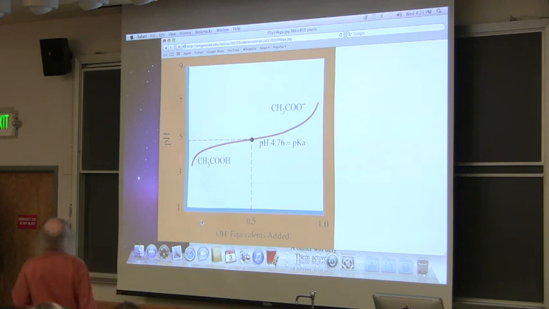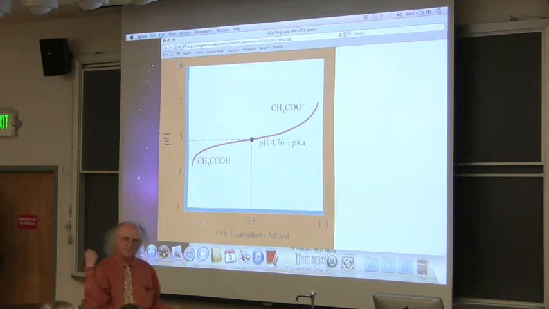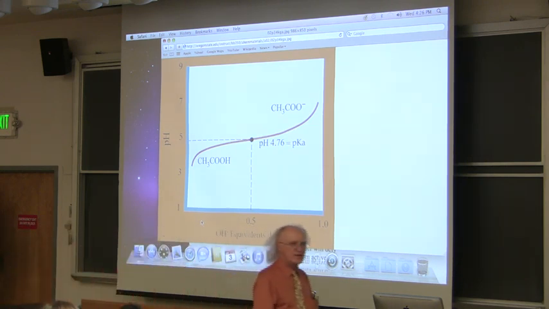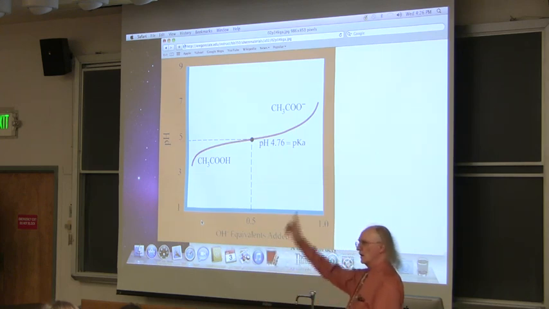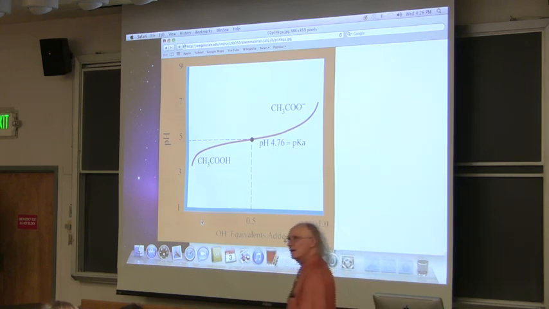All right. So in a titration, we are plotting pH versus, in this class, we'll always be adding OH. What does OH do to a solution? Takes away protons, right? What's going to happen to the pH if I add OH to a solution? It's going to go up. Why does it go up?